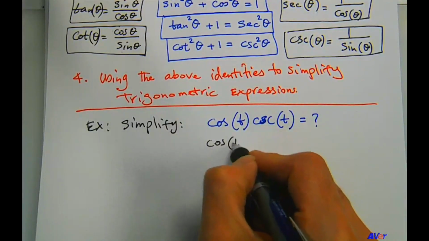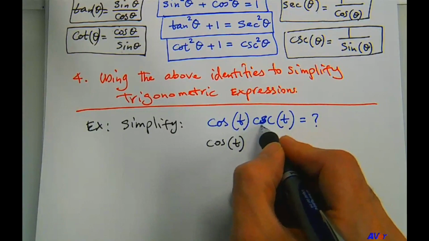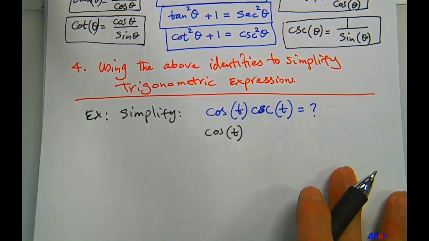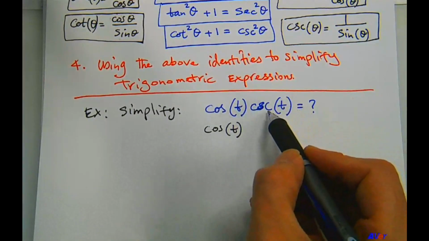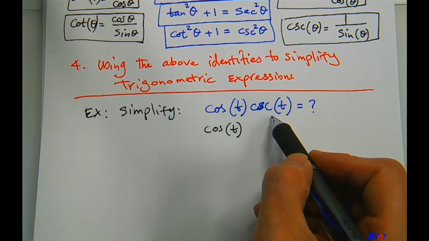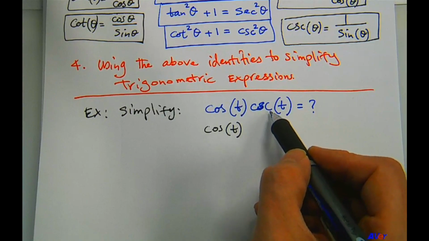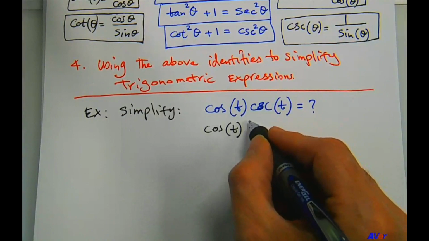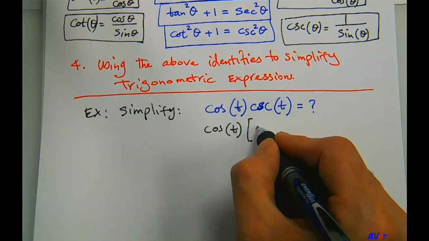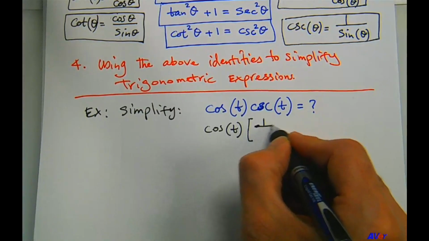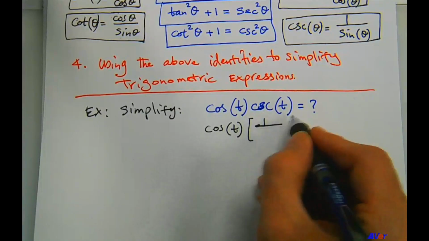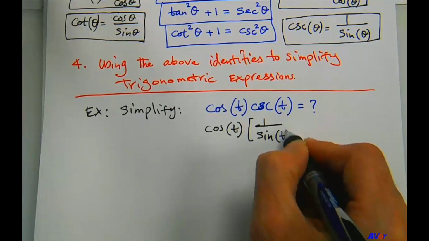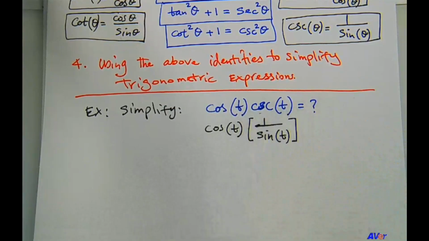So cosine of t times, I can do something with the cosecant of t function. Which trigonometric function is this connected to? Do you remember? It's the reciprocal of which one? Sine of t, exactly. So instead of cosecant of t, I'm going to substitute the reciprocal of sine of t.